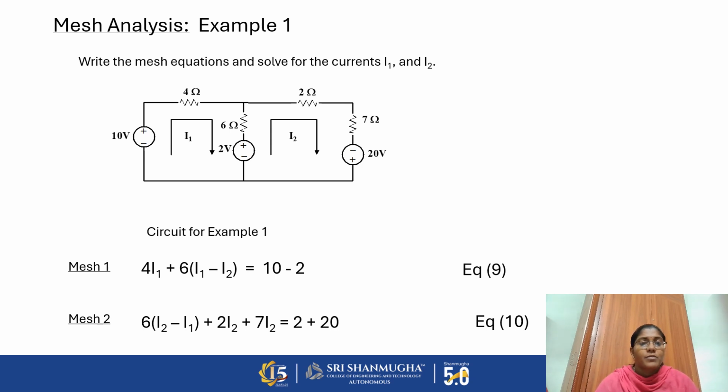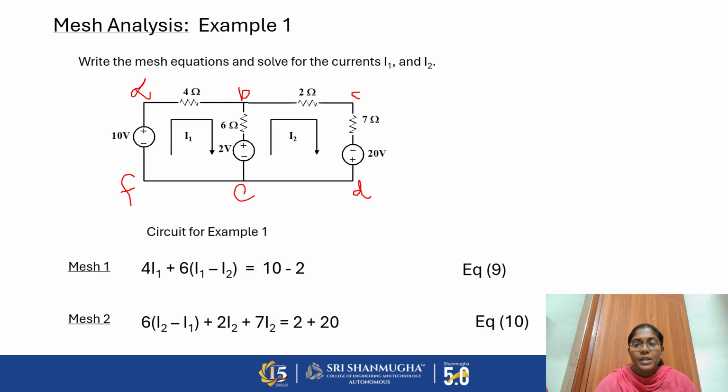Here I'm marking the nodes as A, B, C, D, E, F. So A, B, C, F is the first mesh.